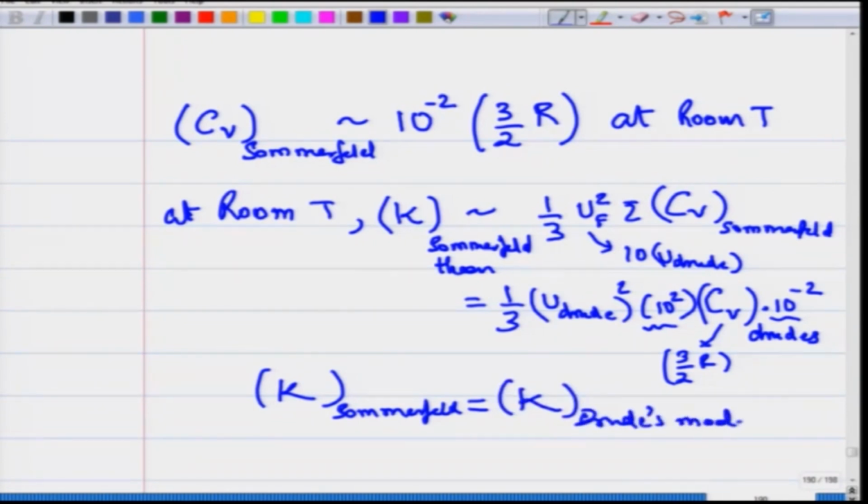And so, with a strange combination of these quantities, namely a combination of velocities and specific heats, they actually cancel out.